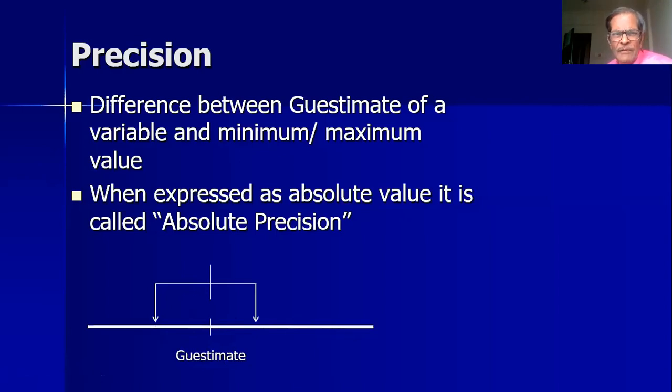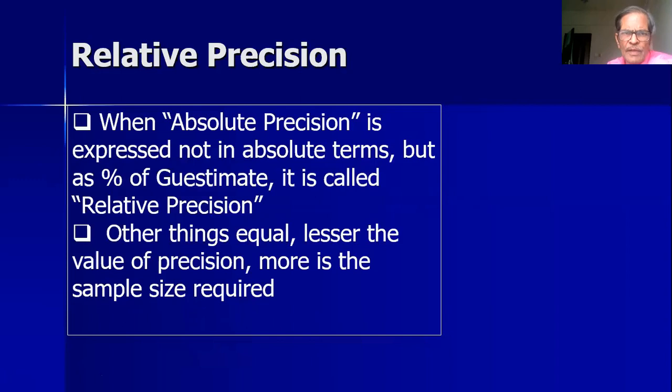This type of information is required mostly for cross-sectional epidemiological studies. Relative precision is when the absolute precision is expressed not in absolute terms, but as a percentage of the guesstimate. Other things being equal, the lesser the value of the precision, the more the sample size required.